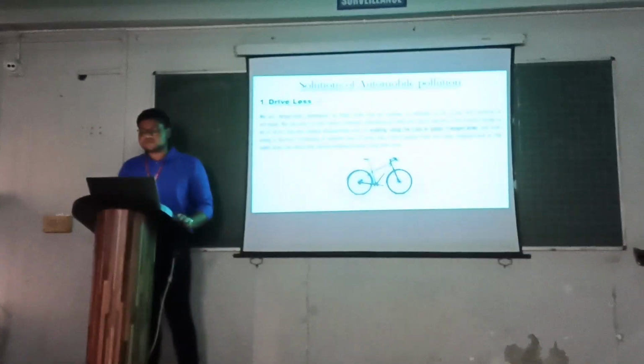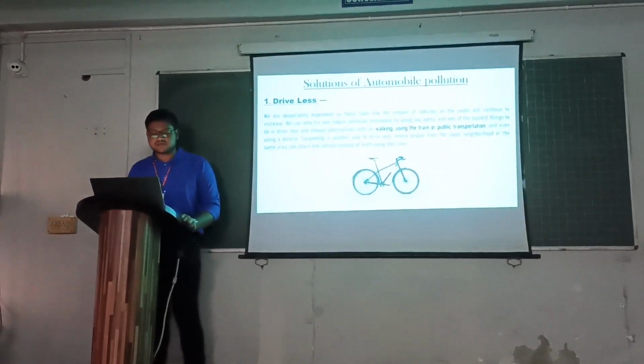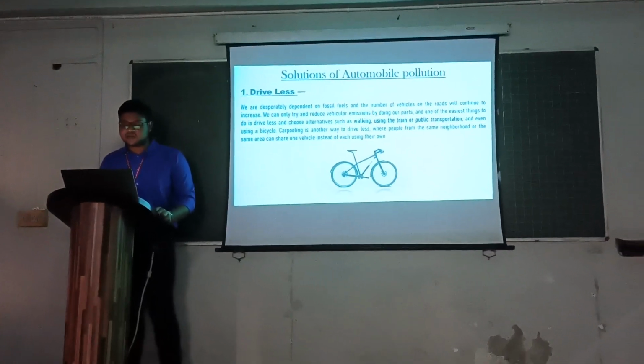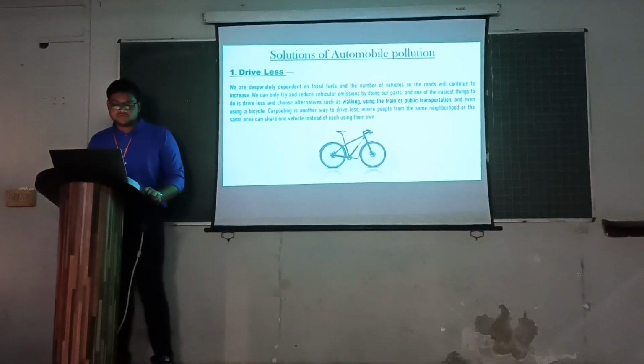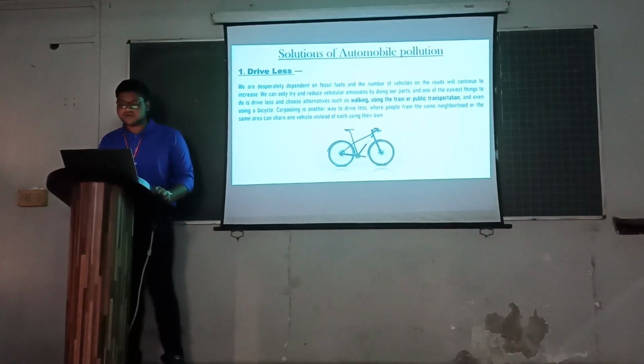the solution of automobile pollution. First is to drive less. We are increasingly dependent on fossil fuels, and the number of vehicles on the roads will continue to increase. We can only try to reduce vehicular emissions by doing our part.